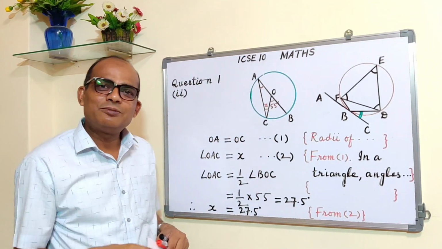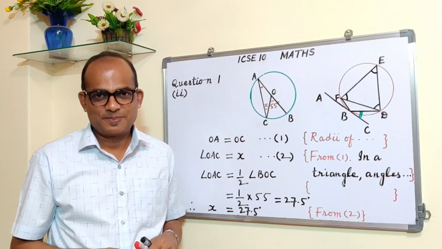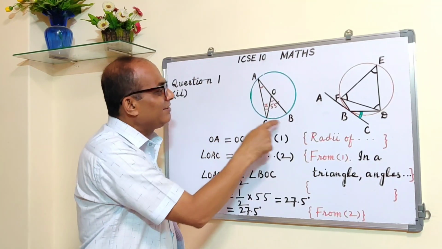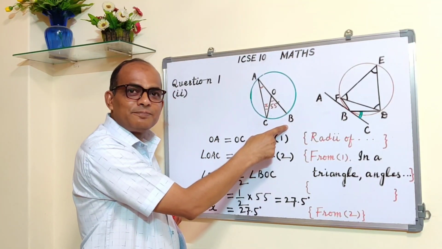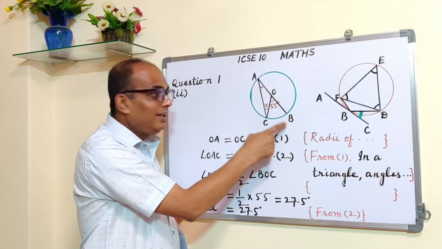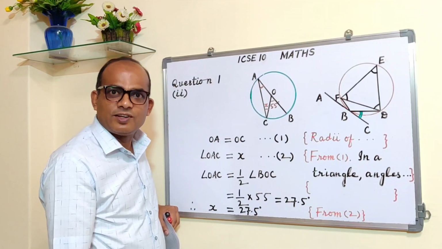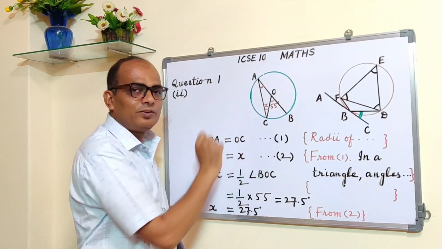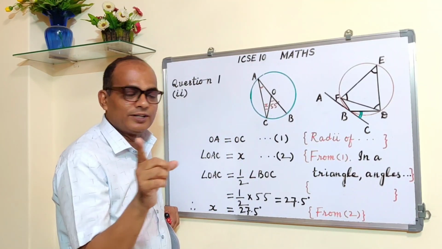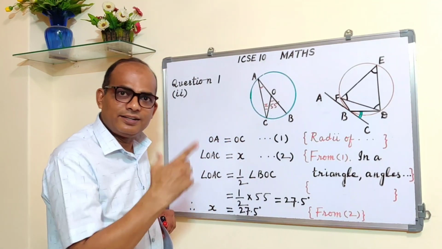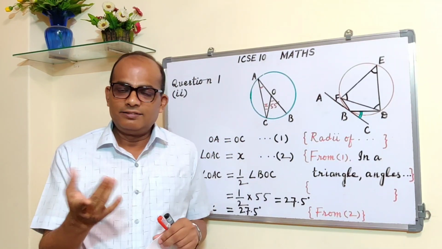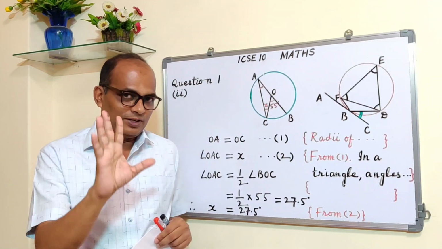Then this question will become a 3 marks question. 1 mark for writing down angle ACB. Tell me how much angle ACB? Yeah, this is diameter. So angle ACB is angle in a semicircle. So directly you can write down angle ACB is equal to 90 degree. But reason is important. The reason will be angle in a semicircle is 90 degree. So that is 1 mark.